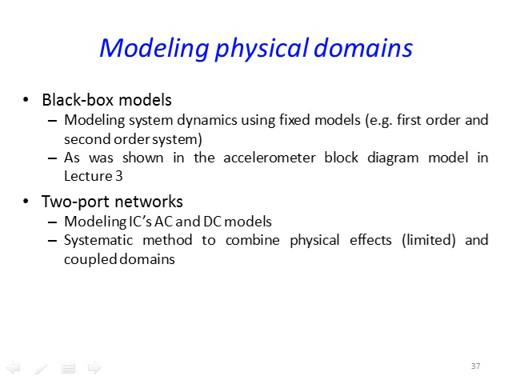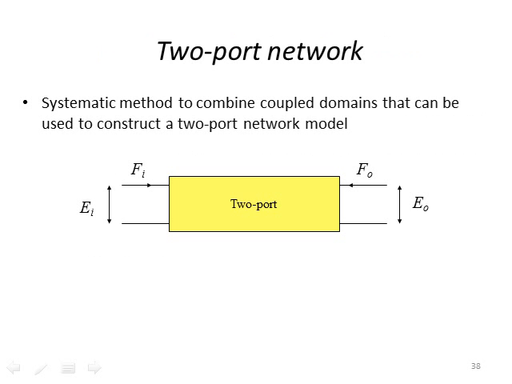Another approach is to use a two-port network, and this gives a more systematic approach that combines physical effects in coupled domains. This is used widely for the modeling of integrated circuits for AC and DC models, if you've had the semiconductor course. This is where those models come from.